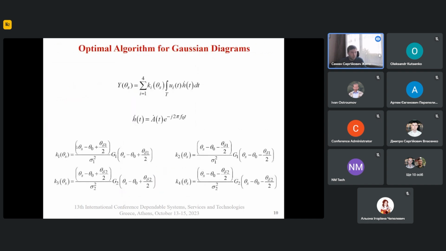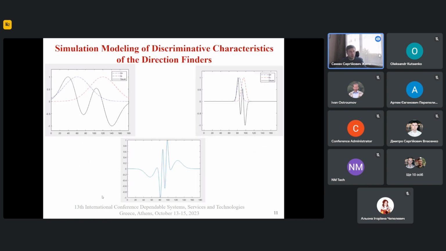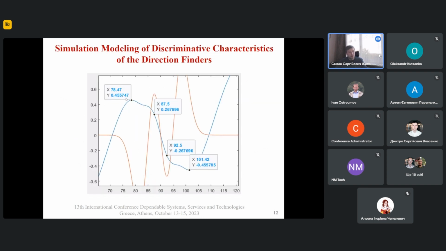But when we use all these coefficients according to this optimal form, we got a wider range of unambiguous measurement of direction.